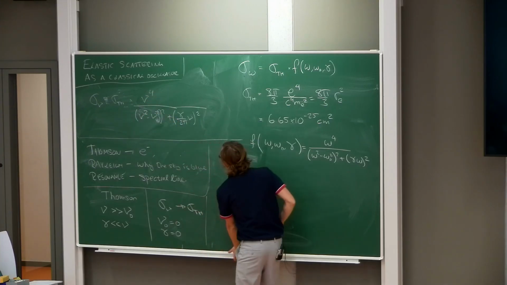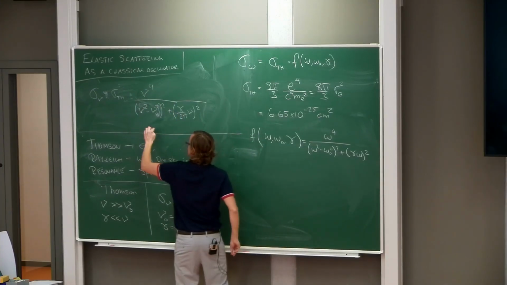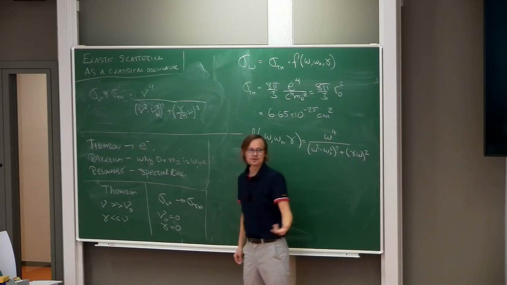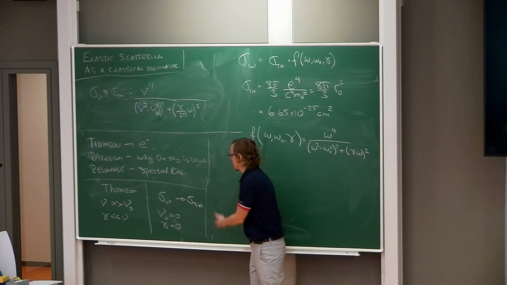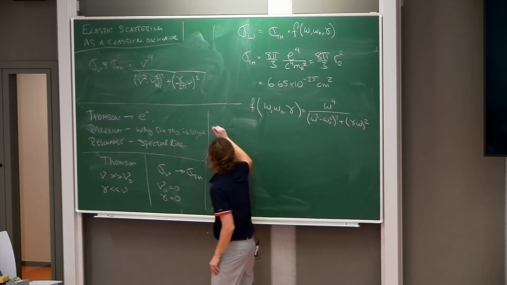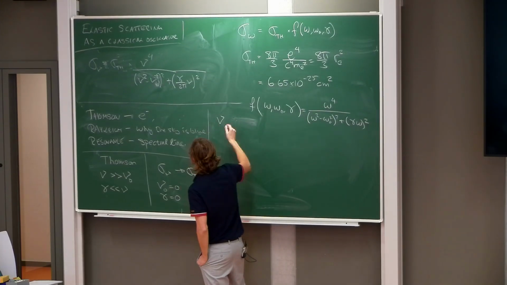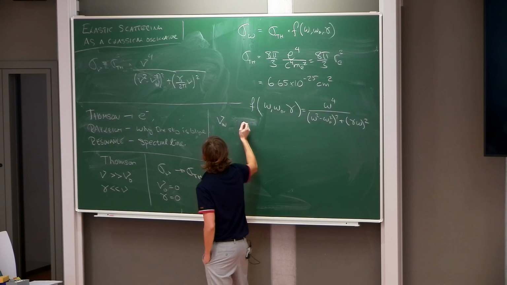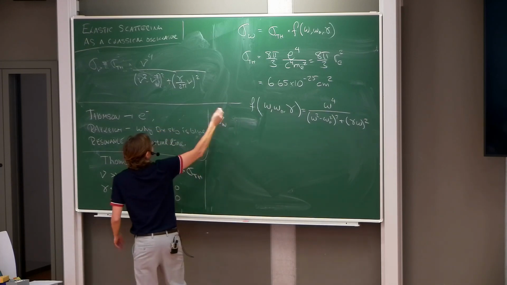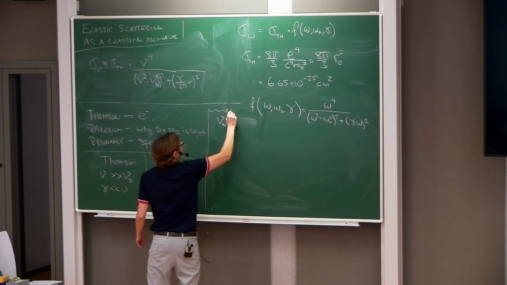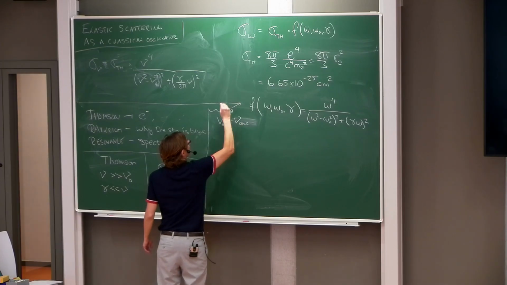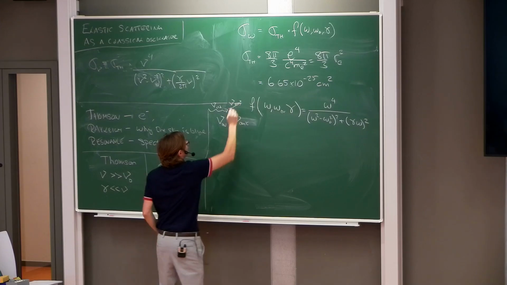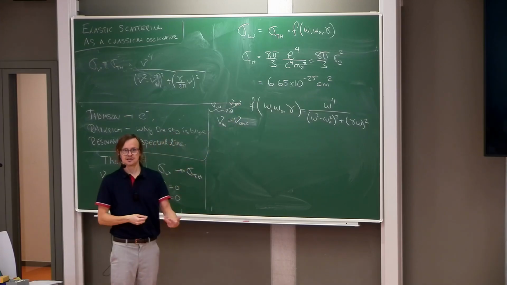Elastic means that the incoming frequency is equal to the scattered frequency. The energy doesn't change. And that's the case in Thomson scattering, free electron scattering: nu is nu incoming in the scattering process. If this is the incoming frequency and this is the outgoing, they're the same. So there is no energy change there.